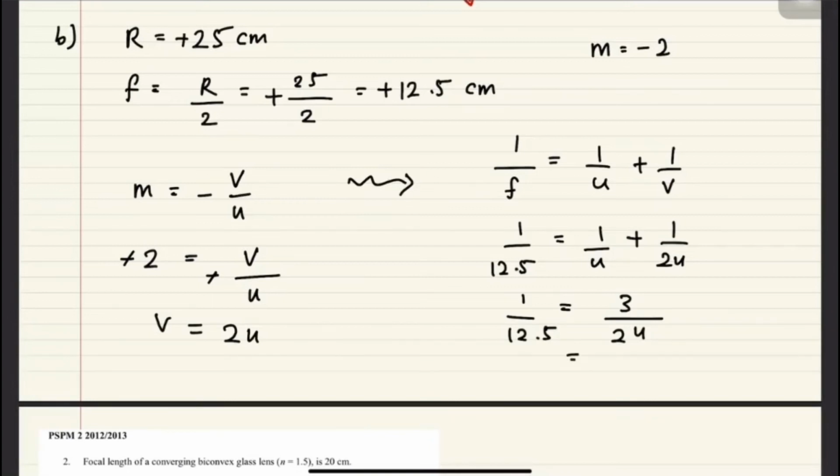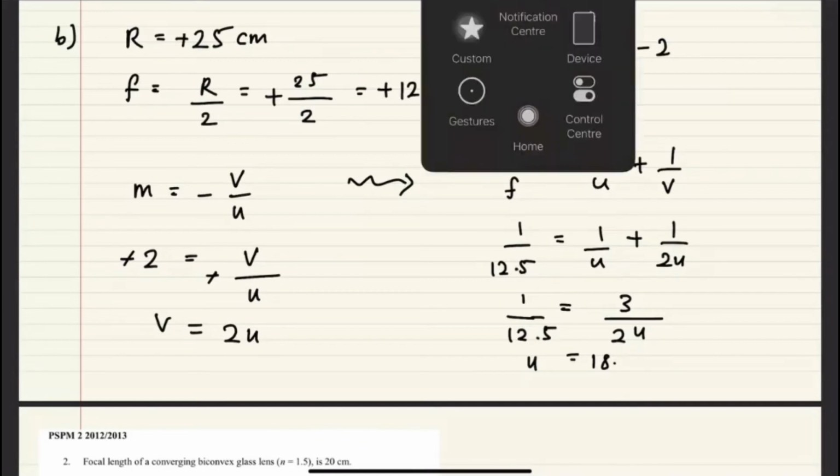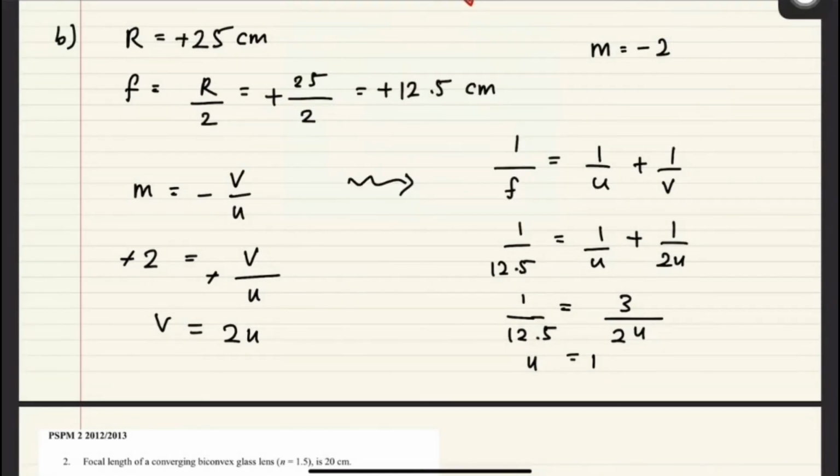Okay, so 12.5 times 3 divided by 2. U equals to 18.75. Nampak tak? So the answer is positive because it makes sense lah. The object is real.